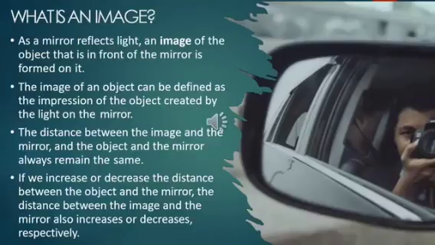Now, due to the process of reflection, images are formed. All of you have a mirror at home. You look at yourself in the mirror every day. You can see your image in the mirror. But if by chance there was no light, then you cannot see your image on the mirror. So, as a mirror reflects light, because of this reflection of light, an image is formed in front of the mirror.